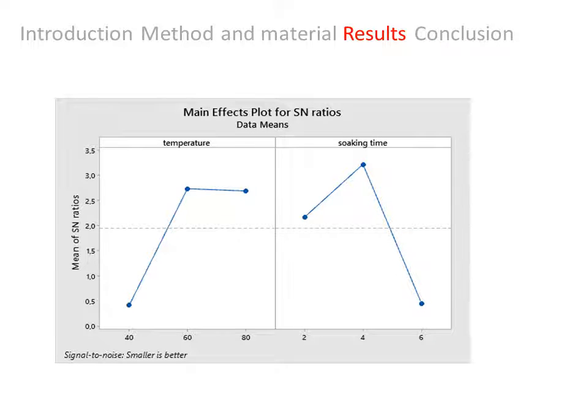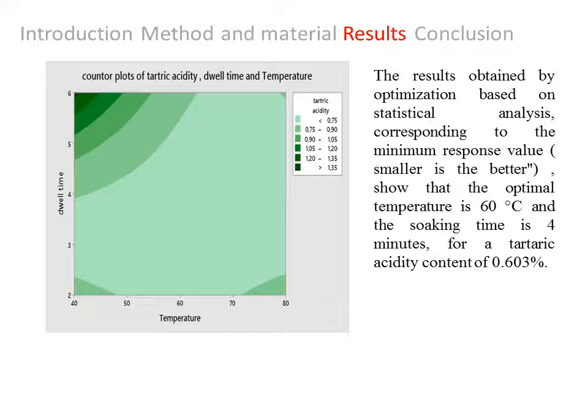The effect of temperature and soaking time on the signal-to-noise ratio is represented in these pictures. You have a positive effect of temperature and a negative effect of soaking time. The results were obtained by optimization based on statistical analysis corresponding to the minimizing response value.